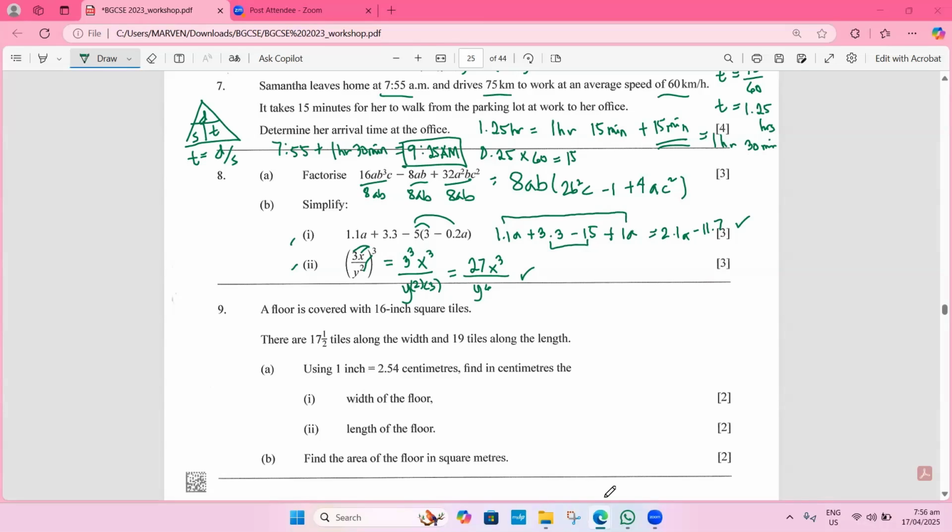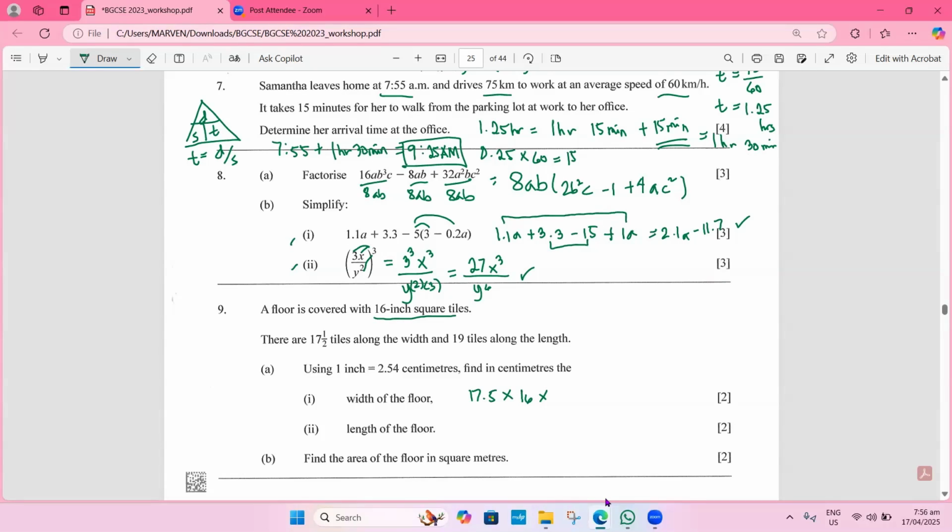So how are we going to solve for the width? Again, there is a scale that 1 inch is 2.54 centimeters. We need to give the width in centimeters. The given width is 17 and 1/2, so we can have that as 17.5. So 17.5 times 16-inch square tile, so 17.5 times 16.